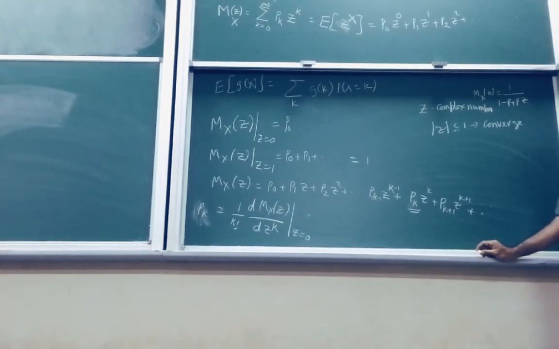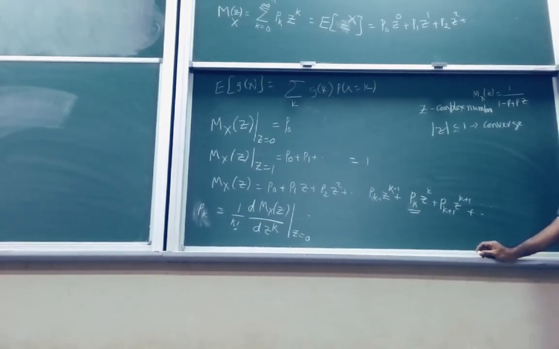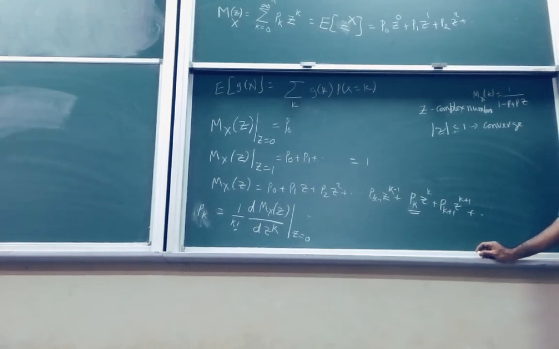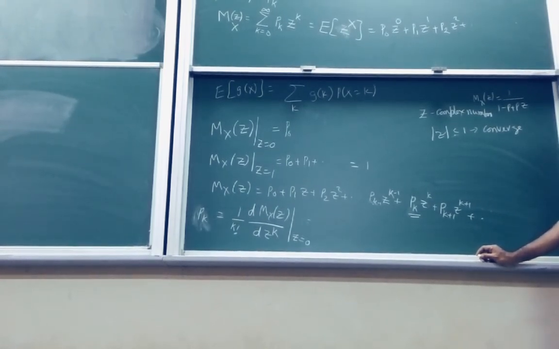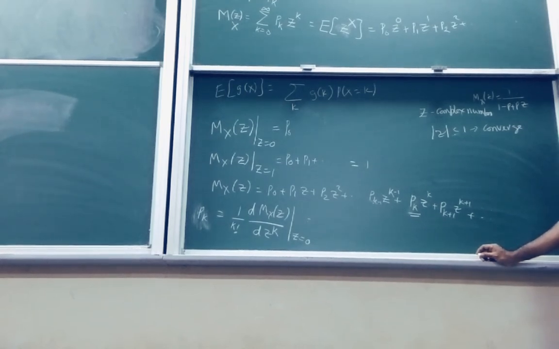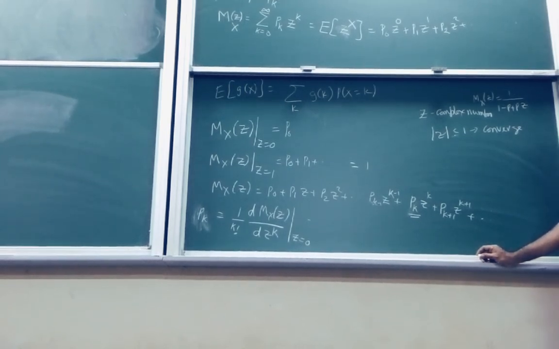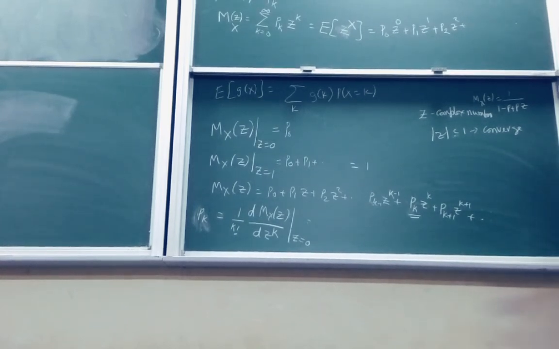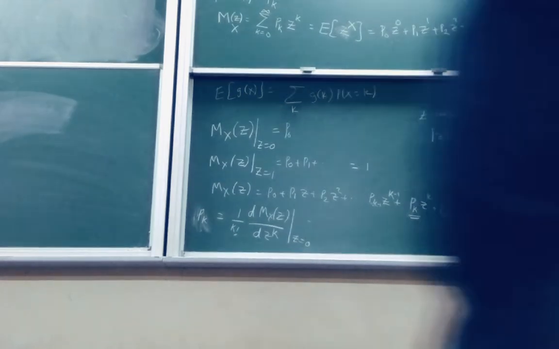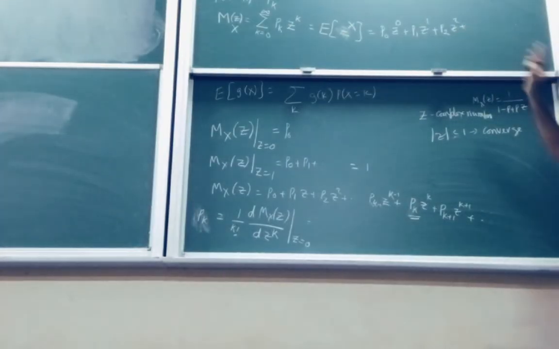As far as I remember in statistical signals, we learned that it was x of n z power minus n, the z transform. But here the powers of z are positive. Okay. I'm just saying you don't want to interpret it the way you have been dealing with the Z transform, that is different.